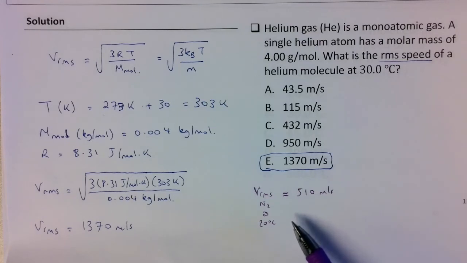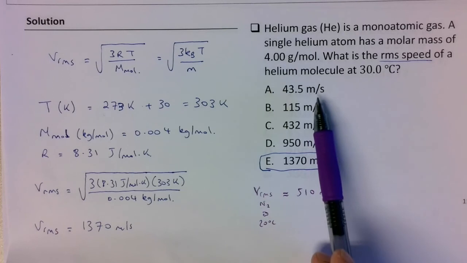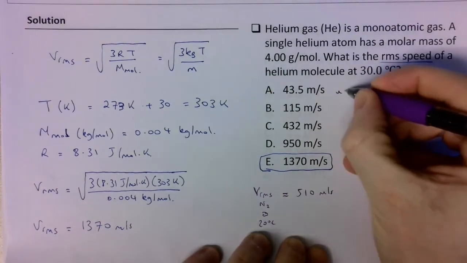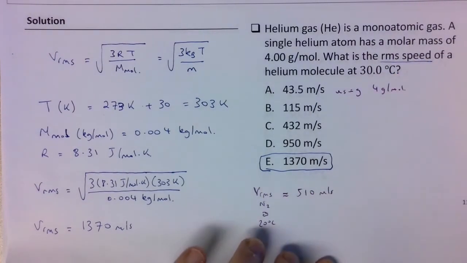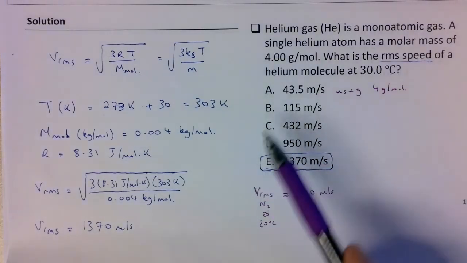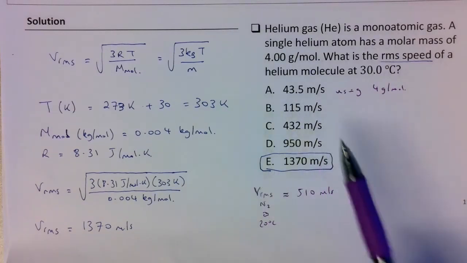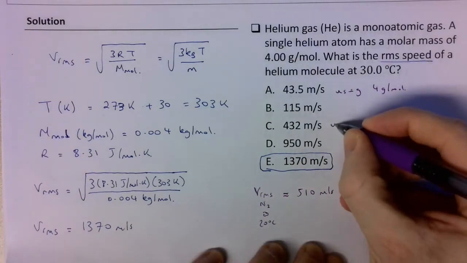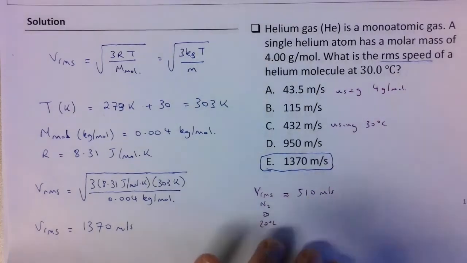And the other thing, just to know some of the distractors here: the 43.5 meters per second comes from using 4 grams per mole with the correct temperature conversion but not converting the mass correctly, which would have given you A. And C would be using the correct molar mass, but using 30 degrees instead of 303 Kelvin.